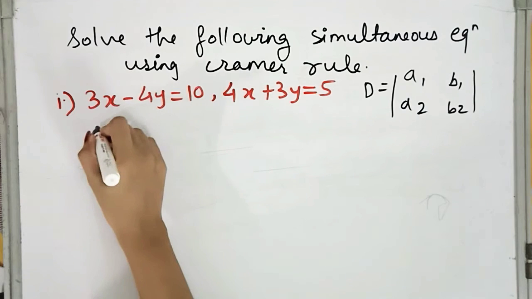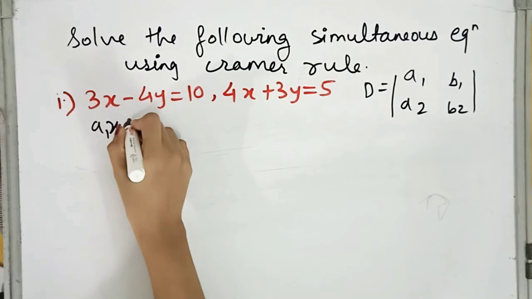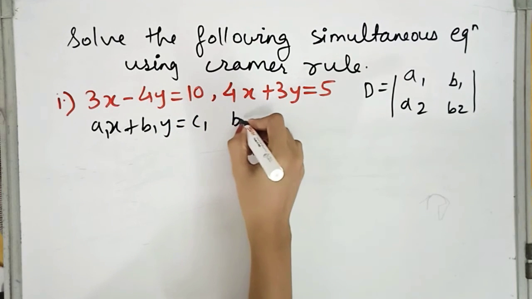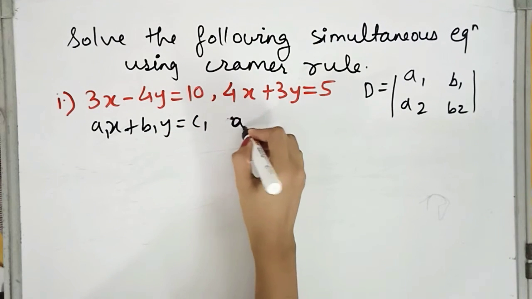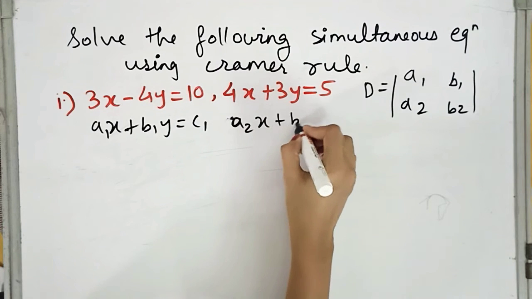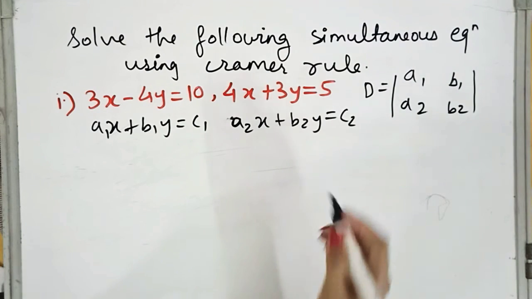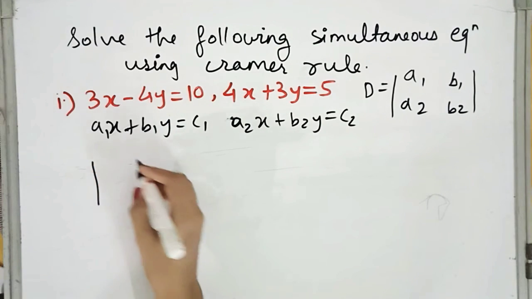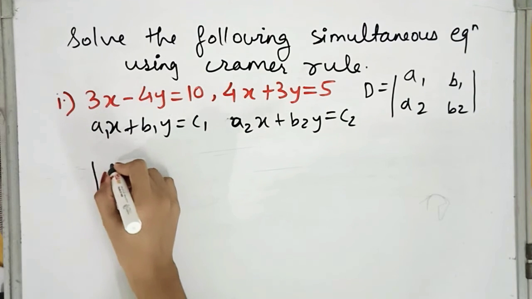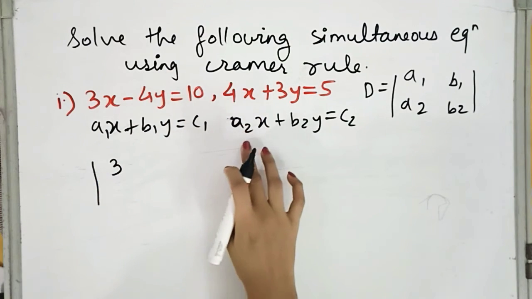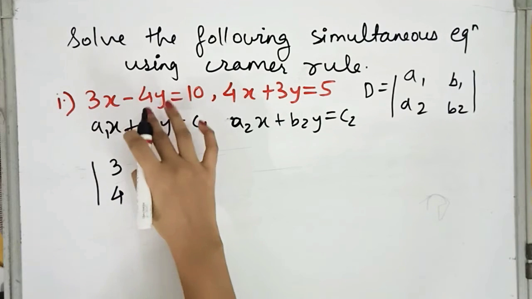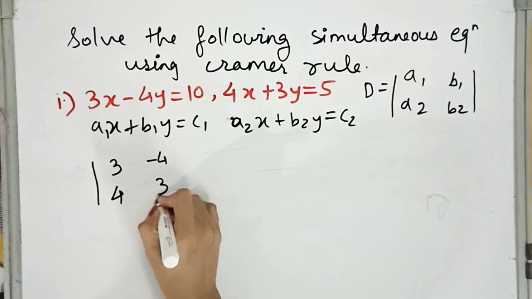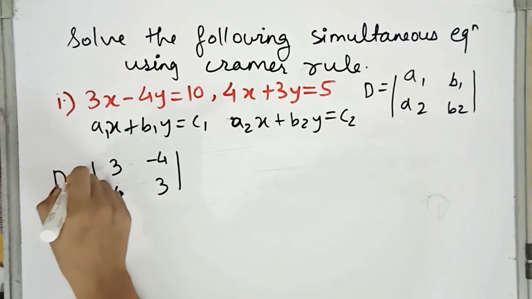Compare these equations with a1x plus b1y equals c1 and a2x plus b2y equals c2. Comparing, a1 is 3, a2 is 4, b1 is -4, b2 is 3. So this will be our determinant D.